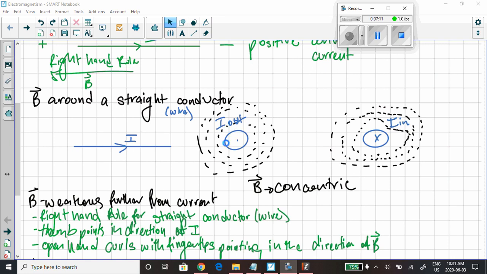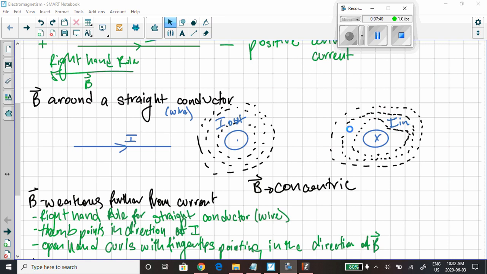Here is the wire with the current coming out, and the magnetic field around it would be a bunch of concentric circles around it. Here is a wire with the current going into the page, and I haven't drawn very good circles here, but it's circles like this all around it.